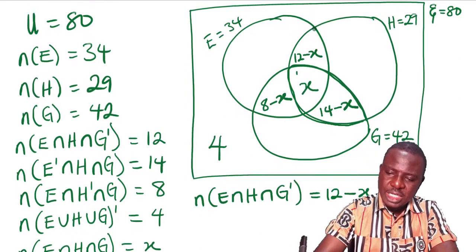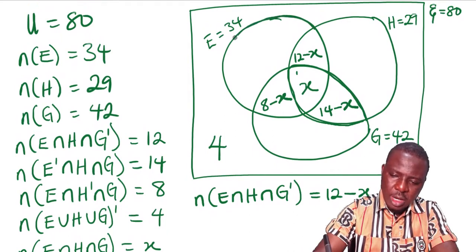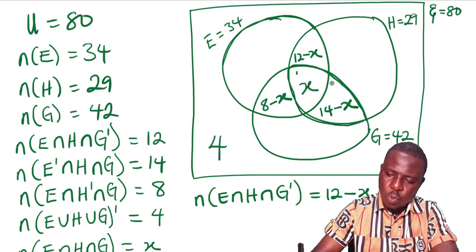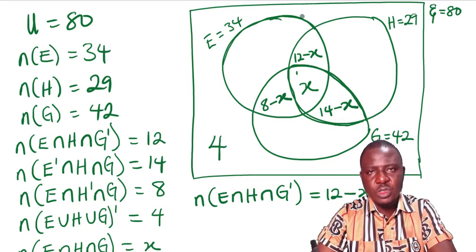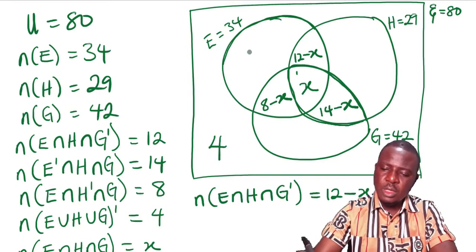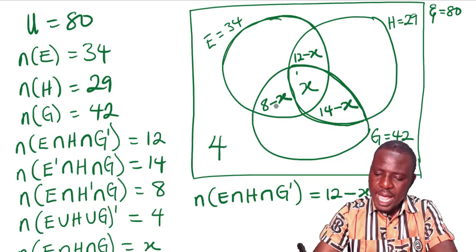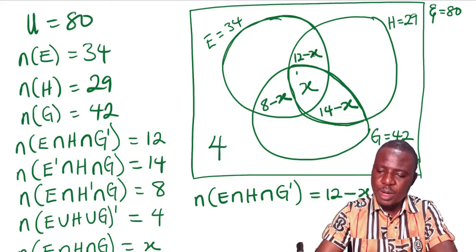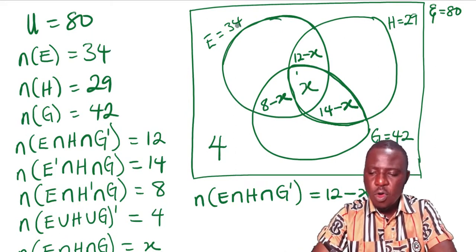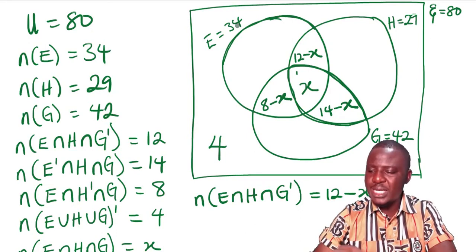Now those who offer English are those enclosed in this circle, which is bounded by 4 regions. So for us to get those who offer only English, we have to subtract x, 8 minus x plus x plus 12 minus x from 34 to get those who offer only English.